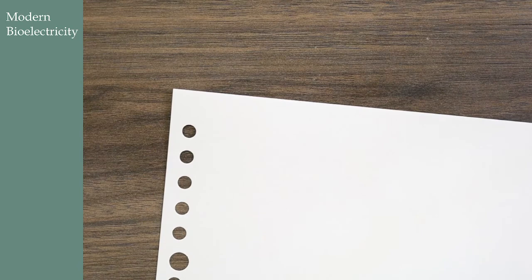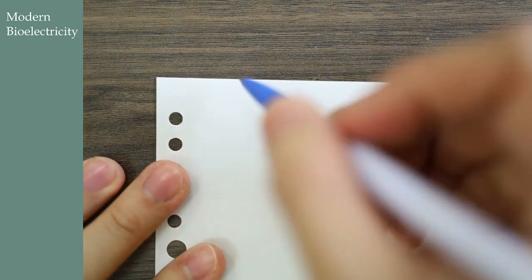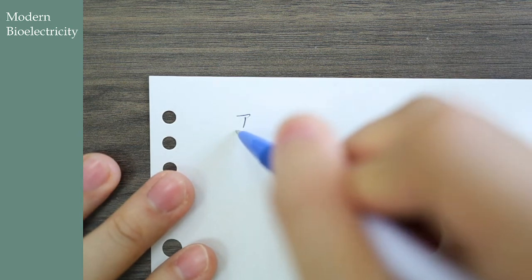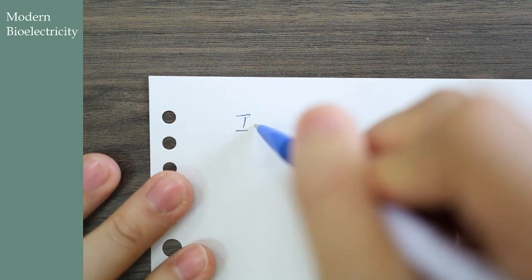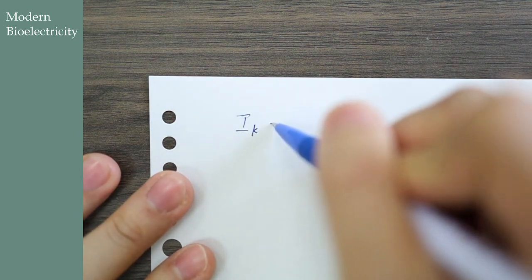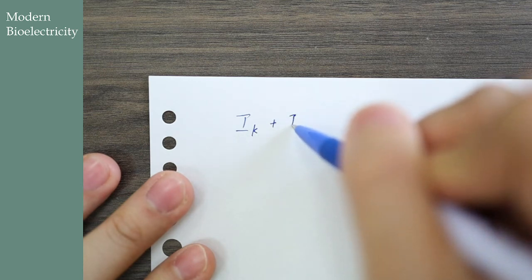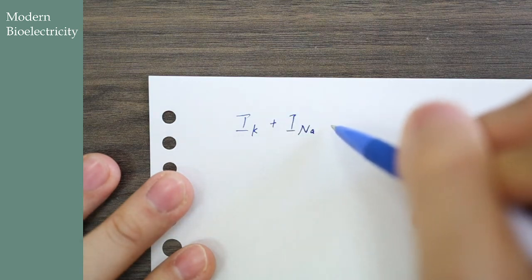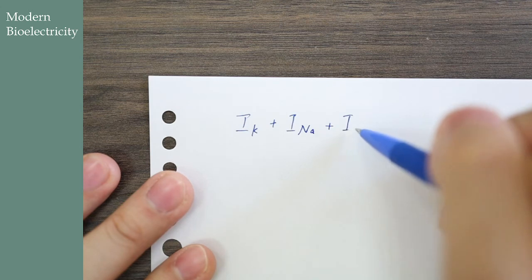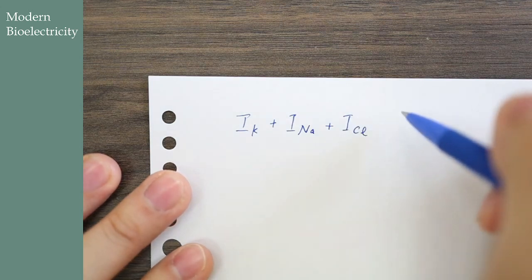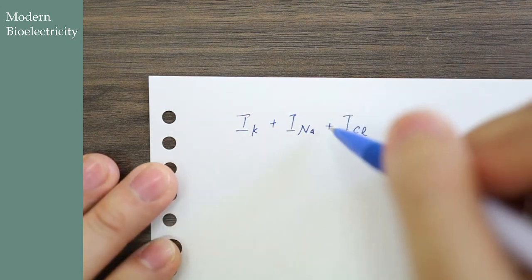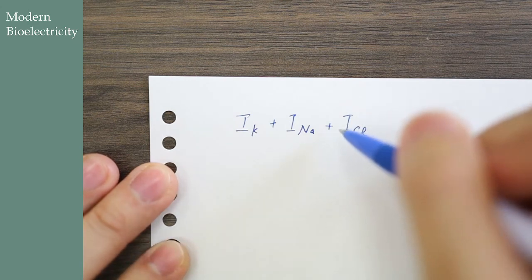So on the membrane, we have the current caused by the potassium, the current caused by the sodium, and the current caused by the chloride. If you have other monovalent ions, you can also put them here.